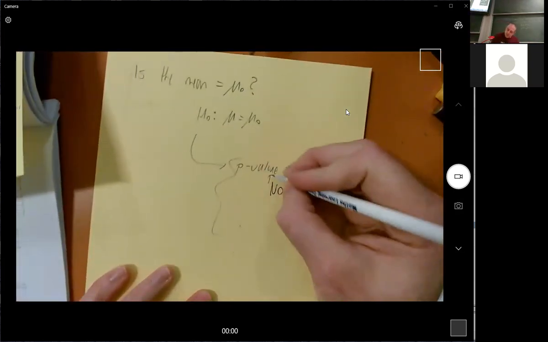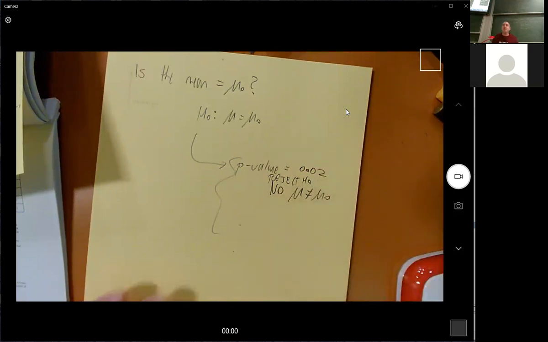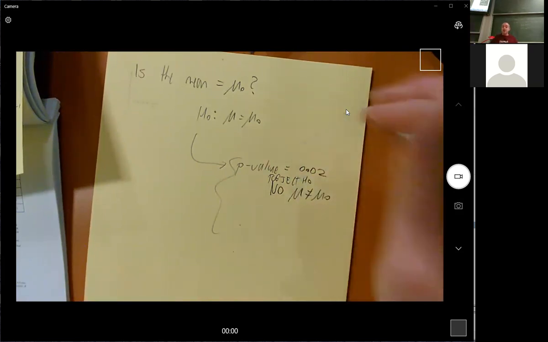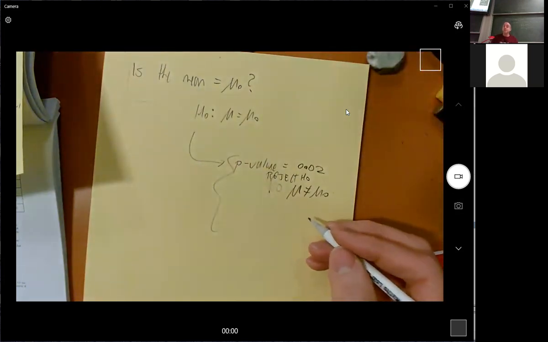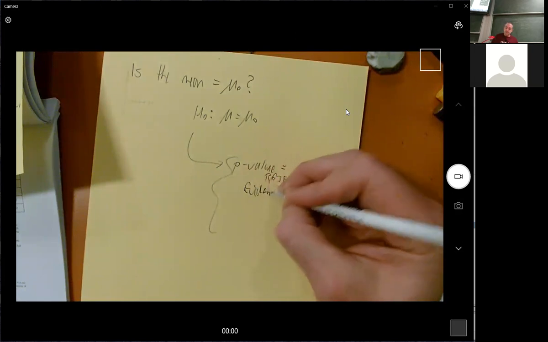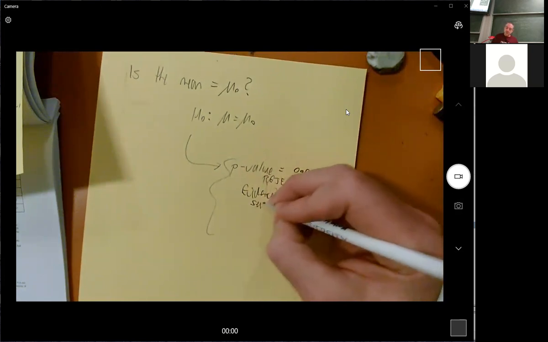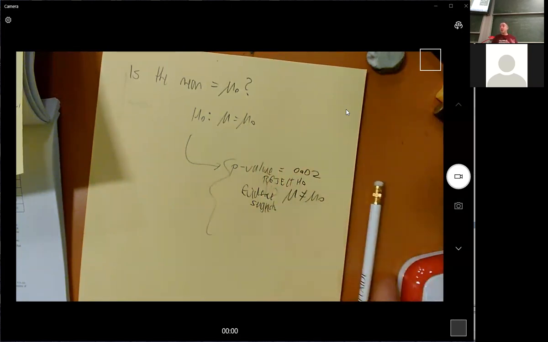So reject the null hypothesis and conclude that there is strong evidence to suggest that it is not true. Evidence suggests the mean is not that. And you normally have to do it as a sentence because that's tradition.